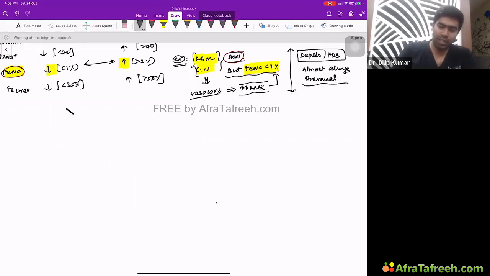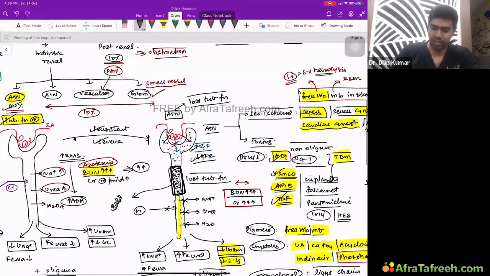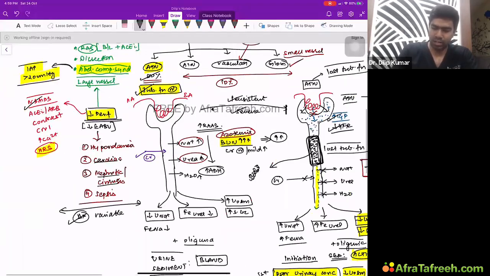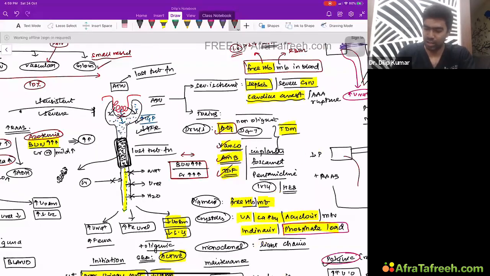If you see the sepsis and hepatorenal syndrome, I'd have told that it can cause pre-renal as well as intrinsic renal. So where is that? You can see that cirrhosis, that is hepatorenal syndrome, and probably I'm talking about sepsis here, which can cause pre-renal. At the same time, there could be associated intrinsic renal failure as well.